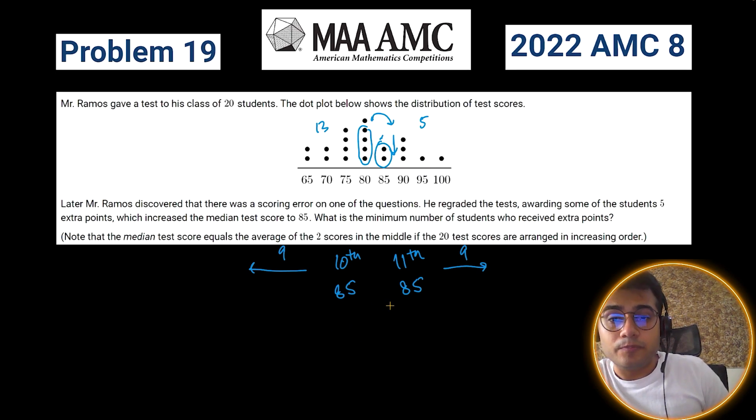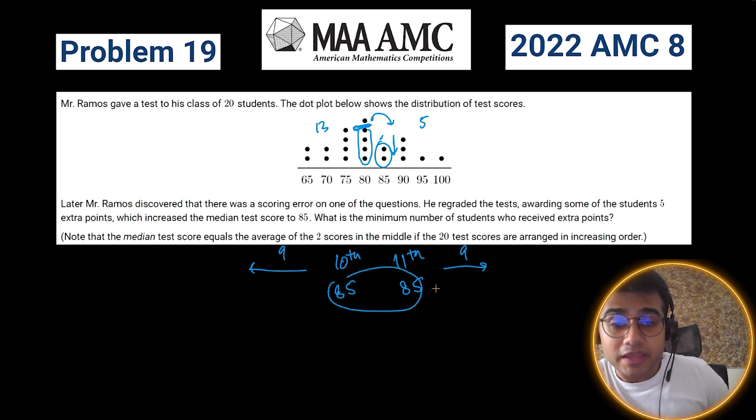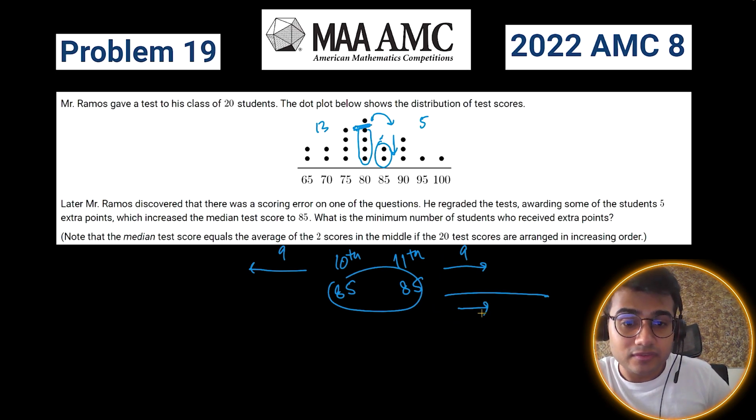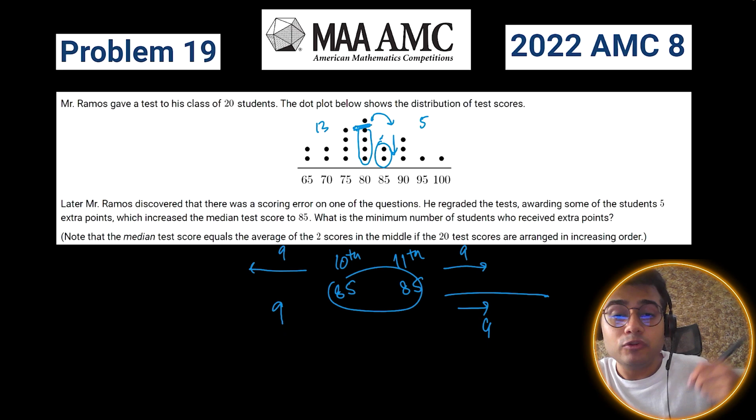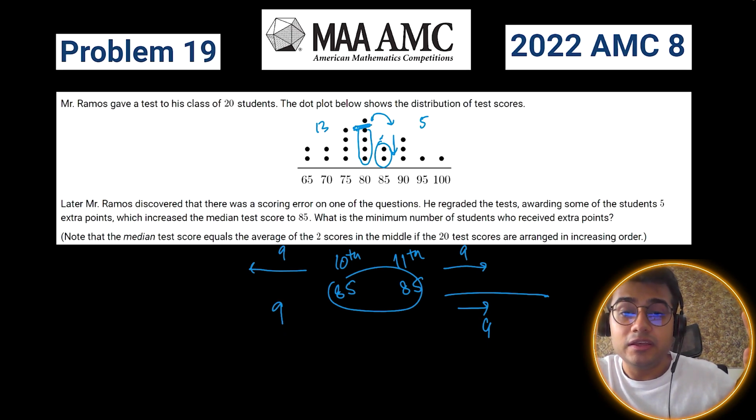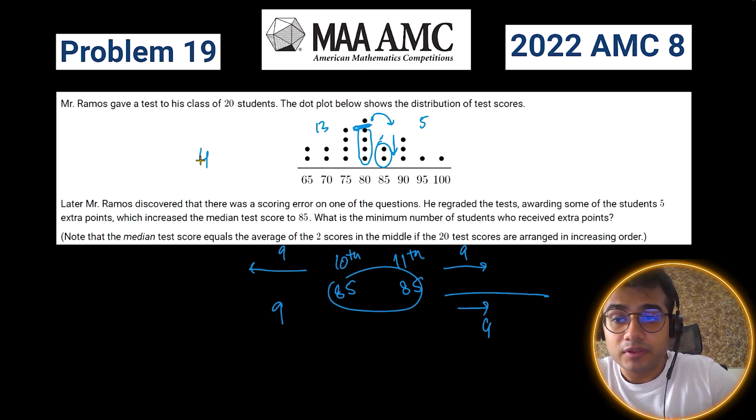So after we move those, we would have 9 students until 80, and then we will have two 85s, and the rest of them, 85 and above, are going to be on this side, which will be again 9 of them. So that will make it so that the 10th and 11th student have the score of 85. So the answer would be 4, and that is answer choice C.